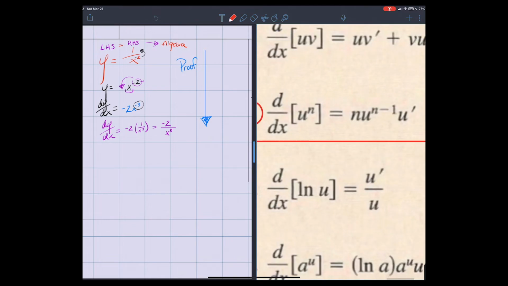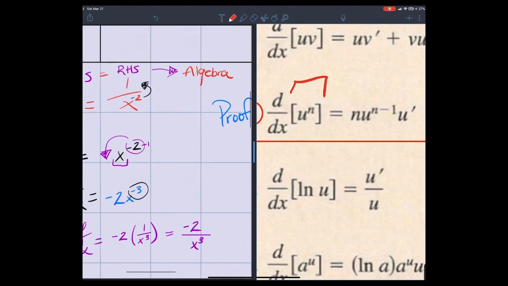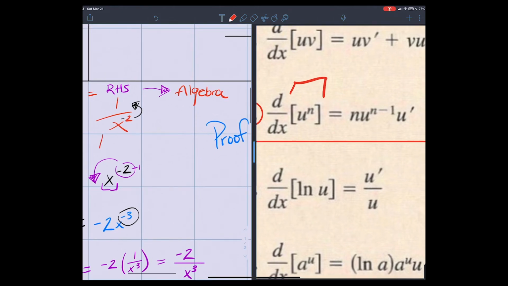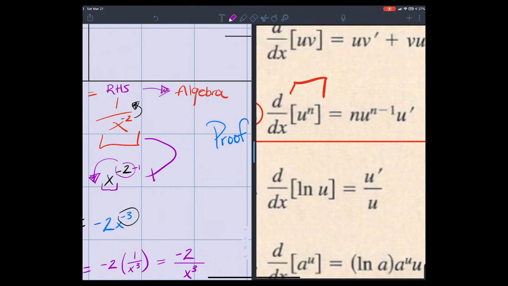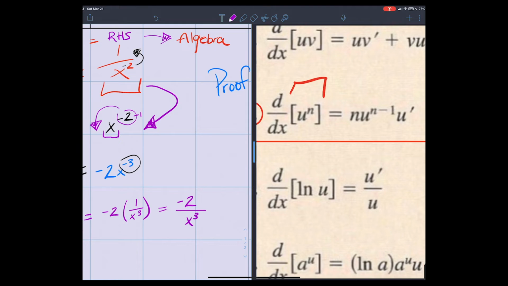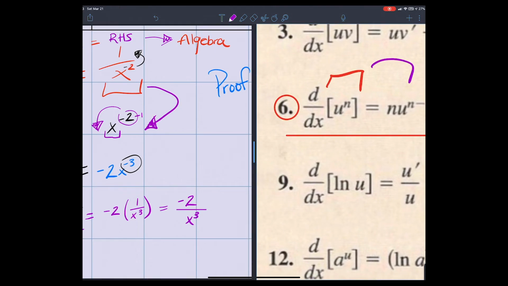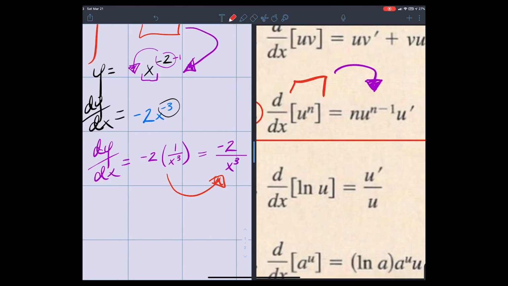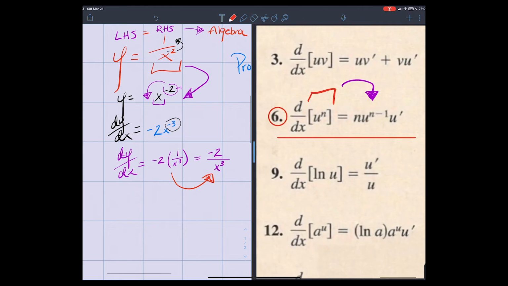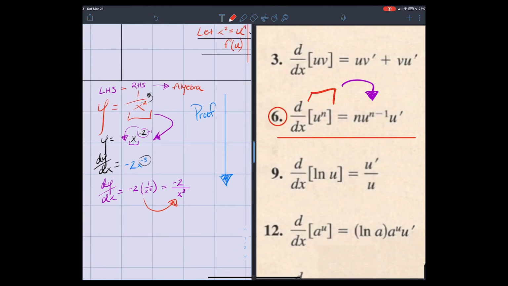As you can see, we just took the left-hand side and we matched it to a form that we could use, which is this form. This is x to the negative second, and this is u to the n. Now we have rights to perform calculus after performing this algebraic maneuver. To do this, we use the left-hand side to say, do this right-hand side. And then we just cleaned it up with algebra. And look, the left-hand side is equal to the right-hand side. This is the basics of calculus, is just the algebraic manipulation.